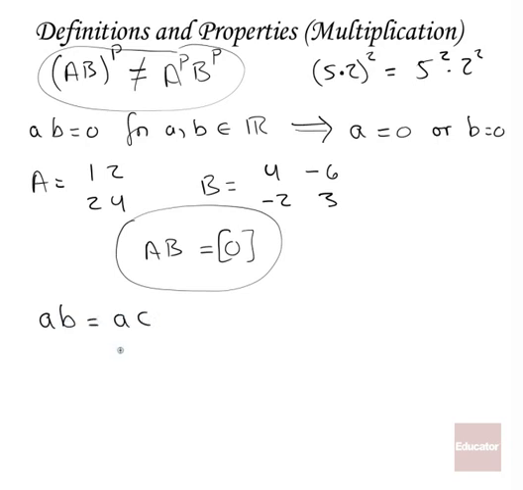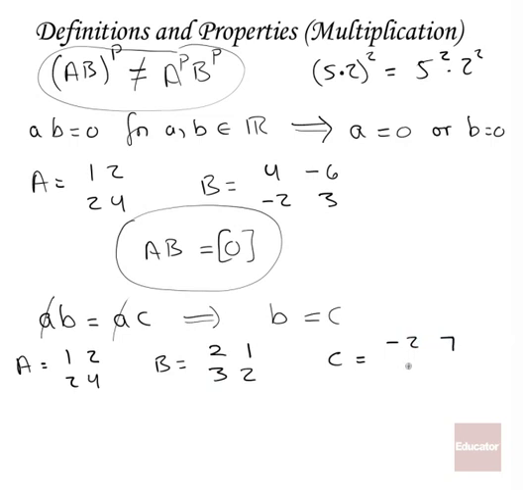If I have three numbers, A times B equals A times C, I just know naturally that I can cancel the A. Cancellation property. It implies that B equals C. Well, let's take a matrix. Let's do [1, 2; 2, 4] again. Let's take B equals [2, 1; 3, 2]. And let's take a third matrix, C equals [-2, 7; 5, -1].